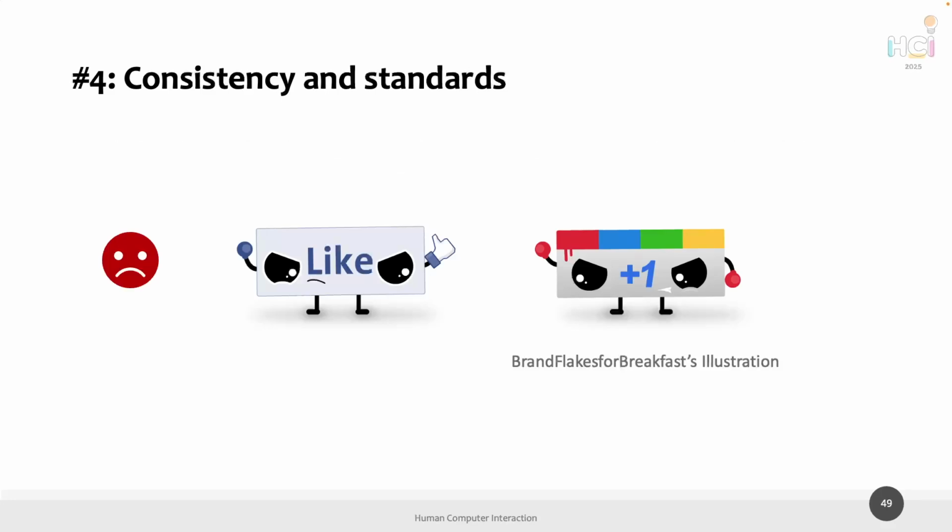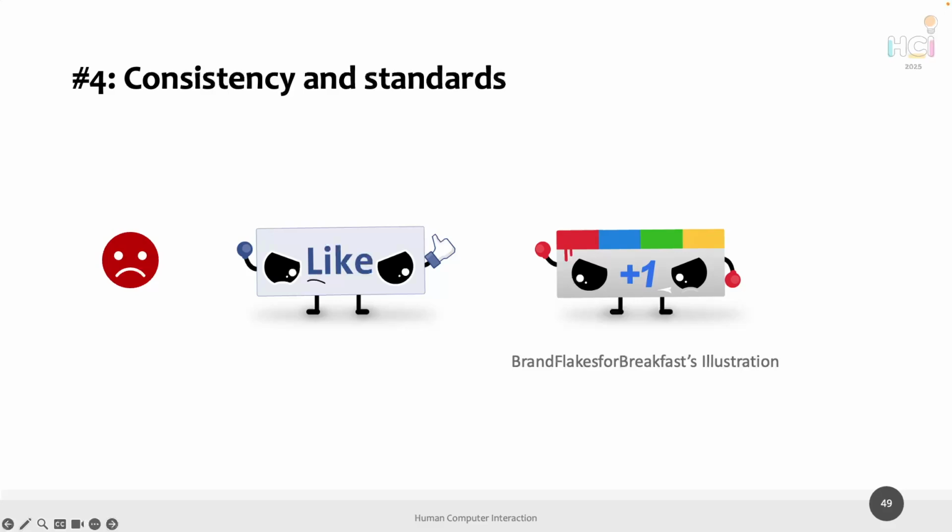Yes, this is more like a joke, but anyway, do you recognize this? It's Google Plus. So they used this +1 to counter the Facebook like, okay? Without much success, because the Facebook like had already become a standard, and sites like LinkedIn adopted it without contesting.